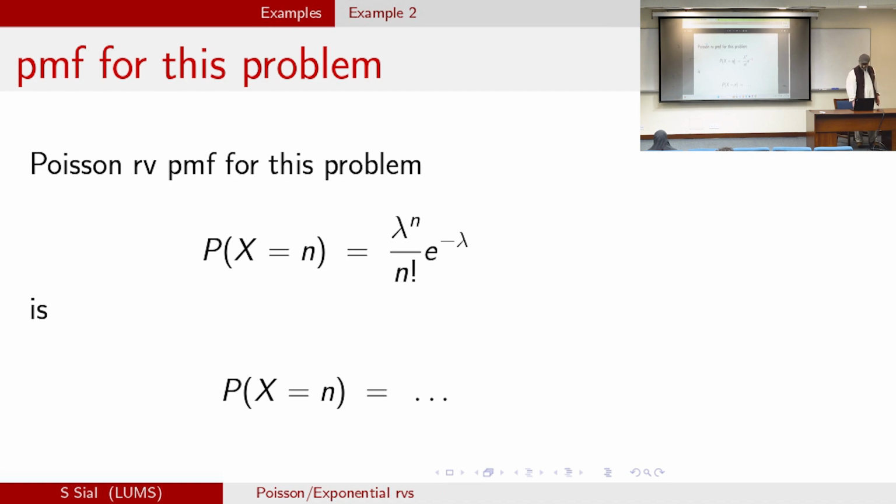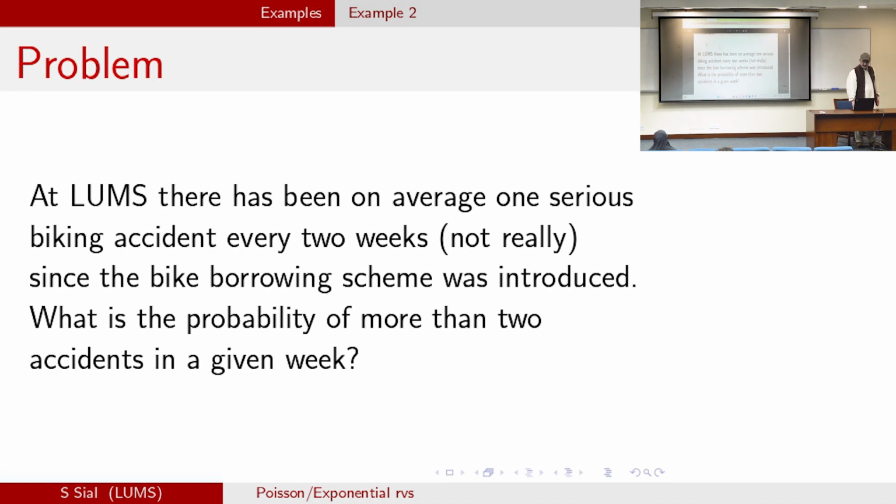Now we were asked for the probability of more than 2 accidents in a week. So, potentially how many accidents are there in a week? Is there a bound to the number of accidents we could have in a week? No.